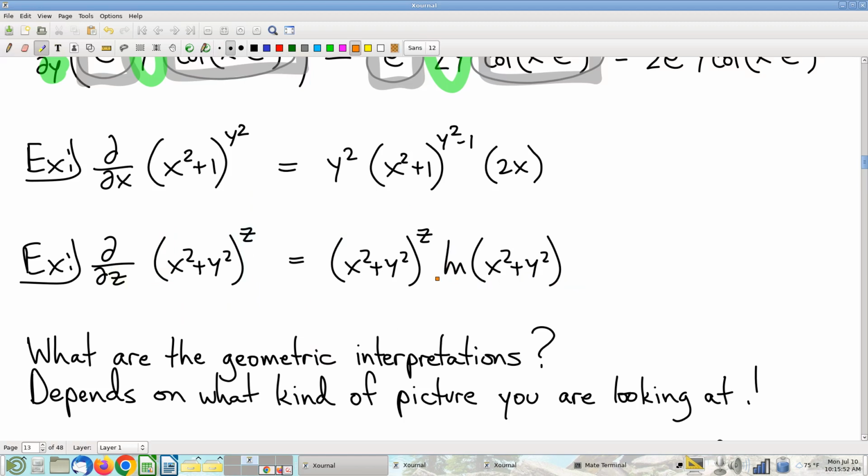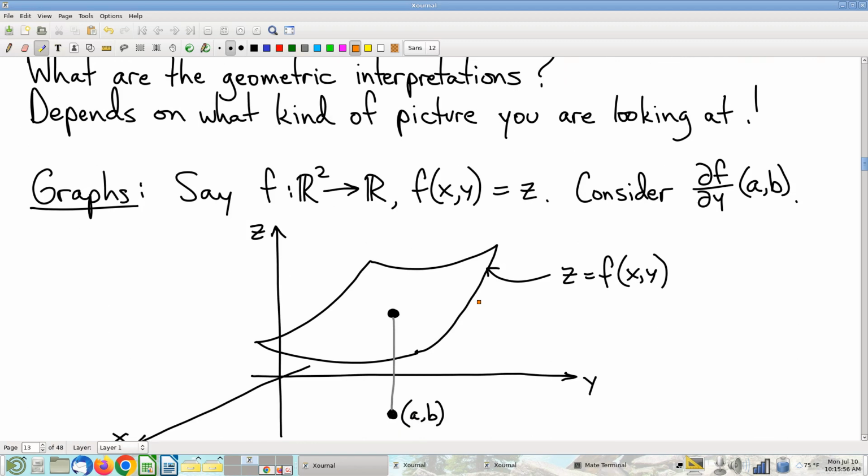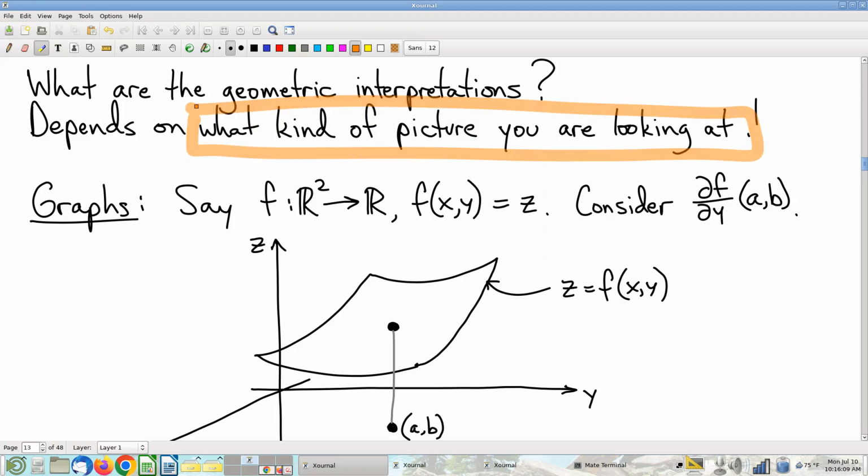World's easiest derivatives. Okay, so what does it mean? Is this just a bunch of nonsense? How do we interpret this geometrically? Is what I want to address now. So, okay, well, again, don't forget, you got to keep track of what kind of a picture you're looking at. The calculus of graphs, the calculus of level sets, very different.